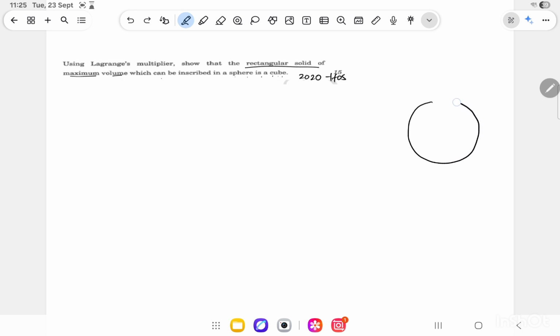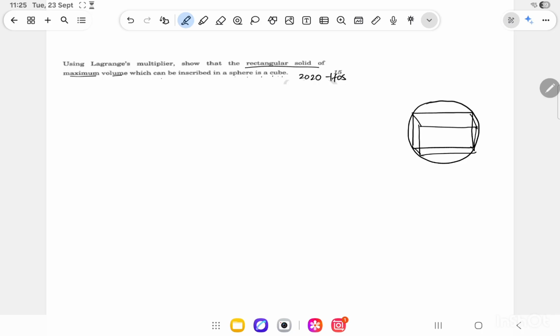So we are supposed to show that, let's say this is a sphere and a rectangular solid is inscribed inside it. For example, let's assume that this is a rectangular solid, somewhat like this. We are supposed to show that for this rectangular solid to have maximum volume, it must be a cube.